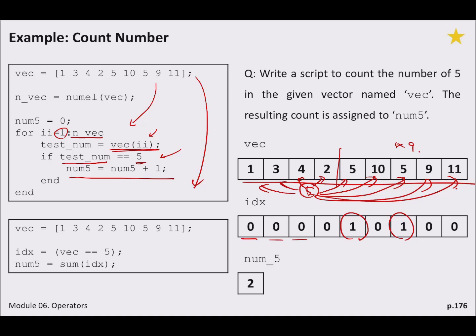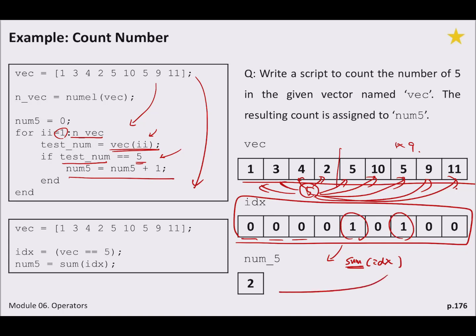Does it make sense? So once you get this index vector, how can you get the number of the 5 value? We can simply sum all these elements, like this. Does it make sense?